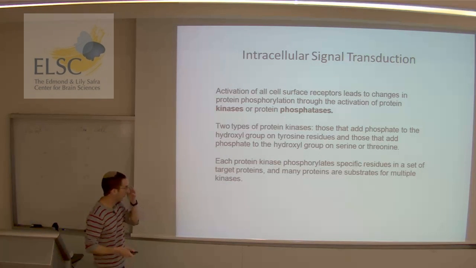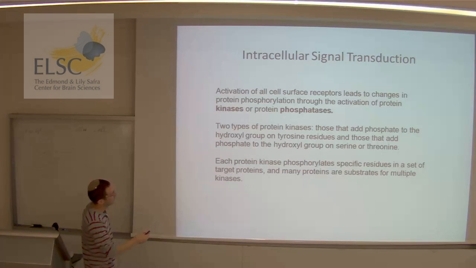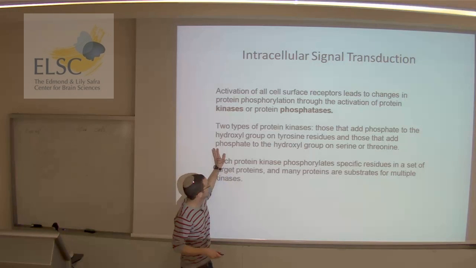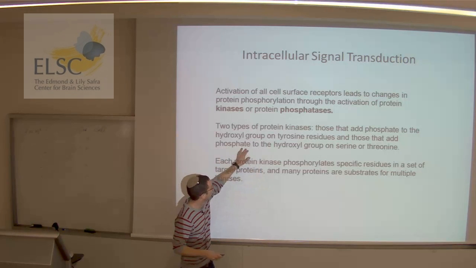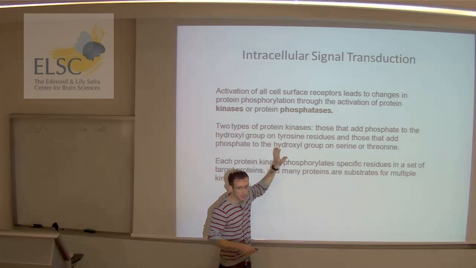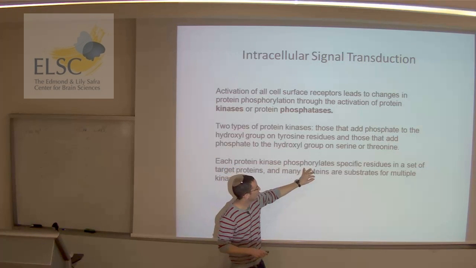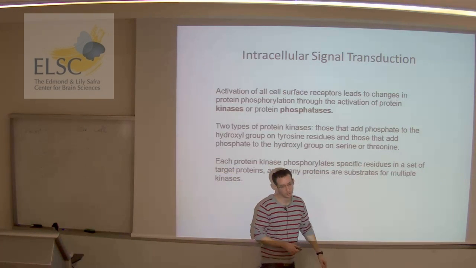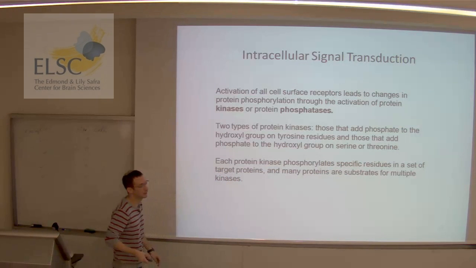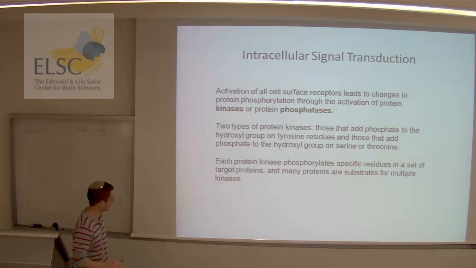And just one more word about them. There are two types of protein kinases. There is the class that adds a phosphate on the hydroxyl of tyrosine, and another class that adds a phosphate group on the hydroxyl of serine or threonine. They have distinct function and structure.